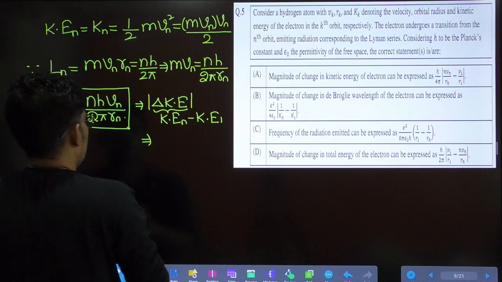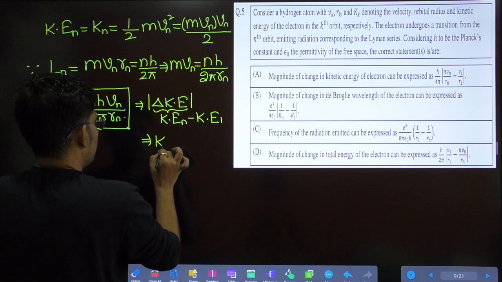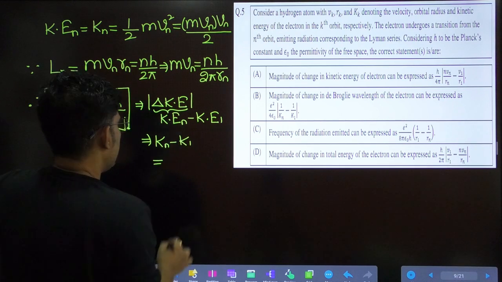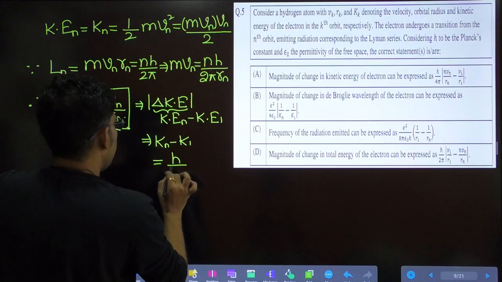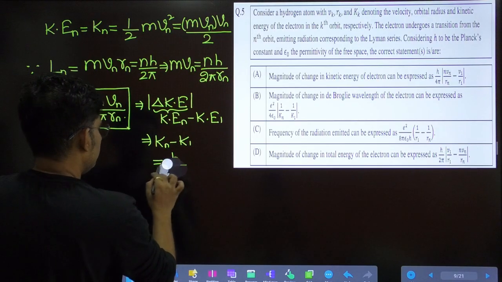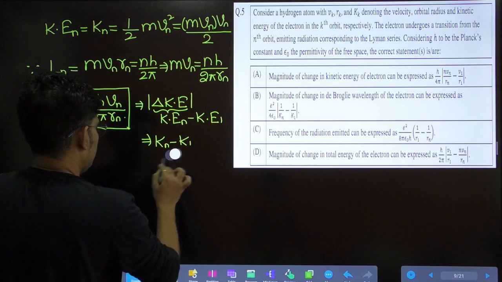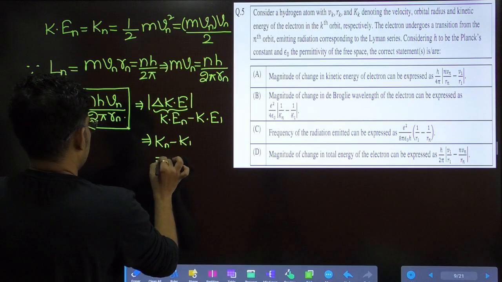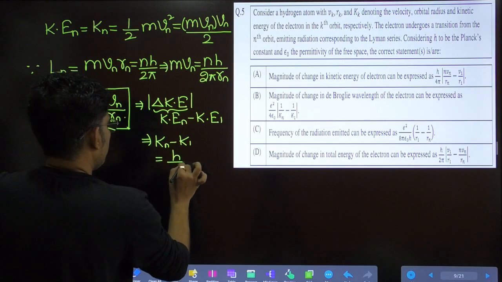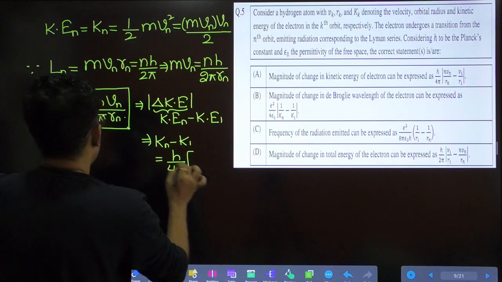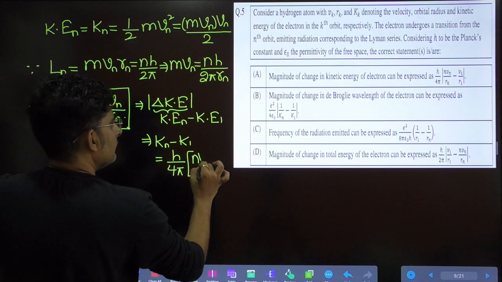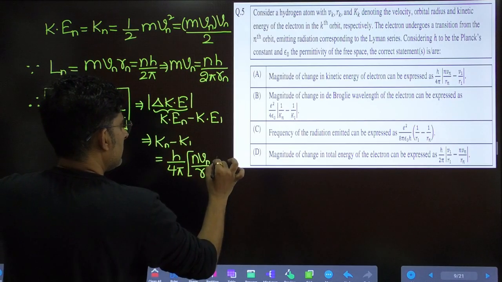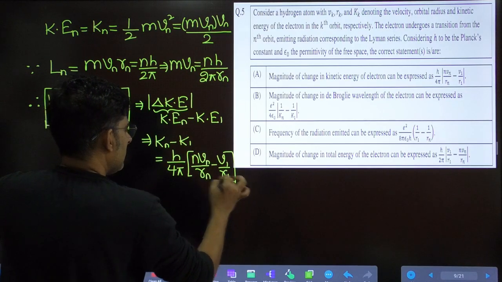So we can write it as h by 4 pi n, Vn by Rn minus V1 by R1.